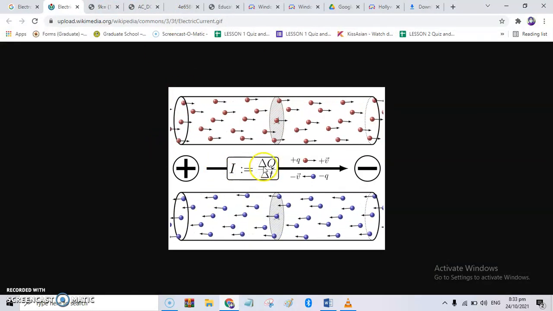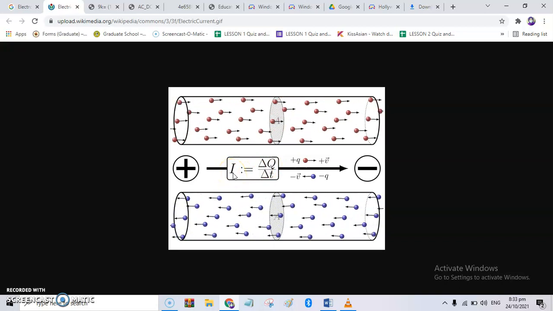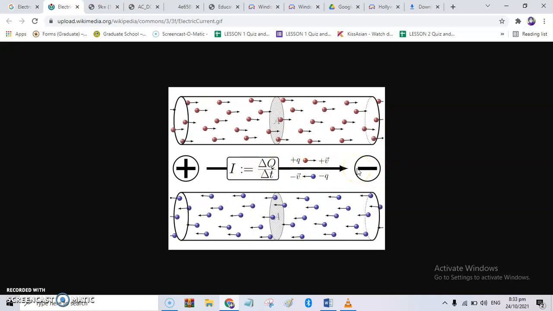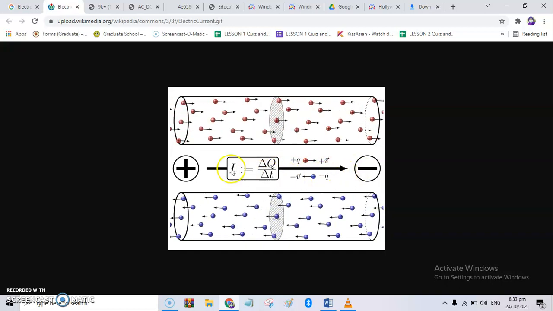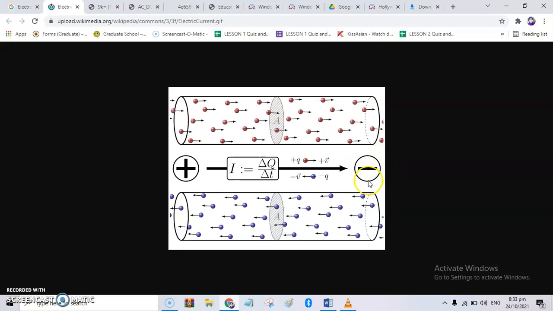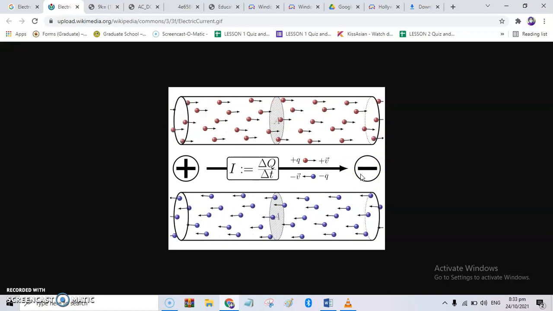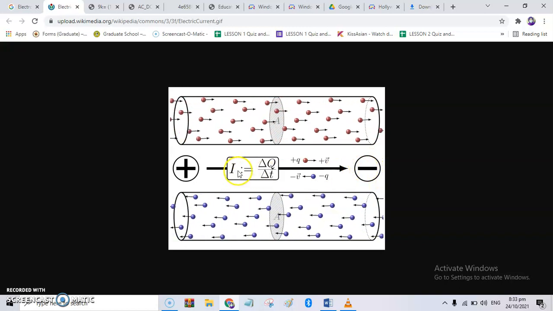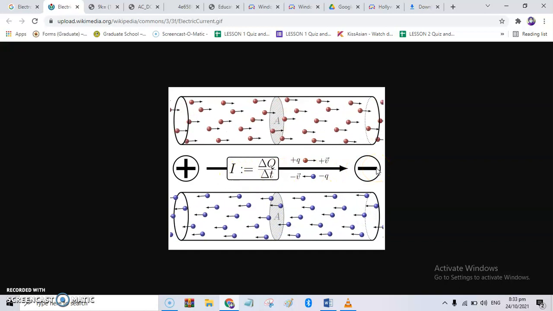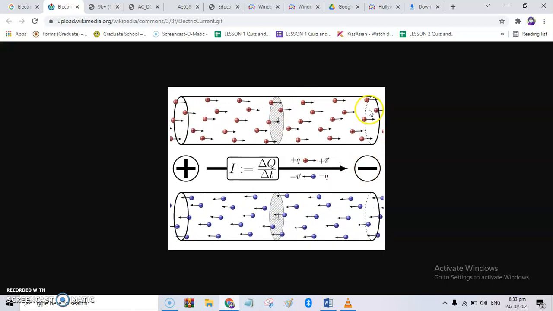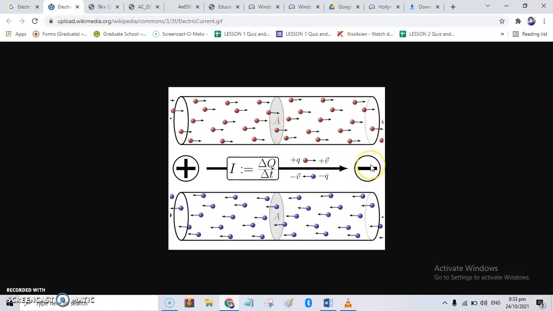This is mainly because our current goes toward where the negative is, and where the current is going, that is where our electric field is. The electric field is moving to the right, and to the right is the negative terminal of a voltage source, for example a battery. The positive charges will always move to the right because they are attracted to the negative terminal.